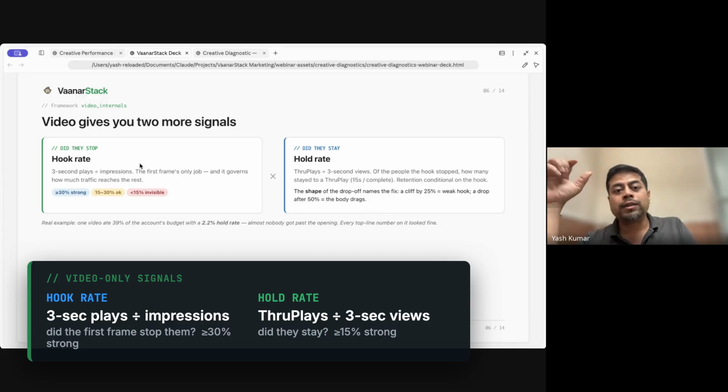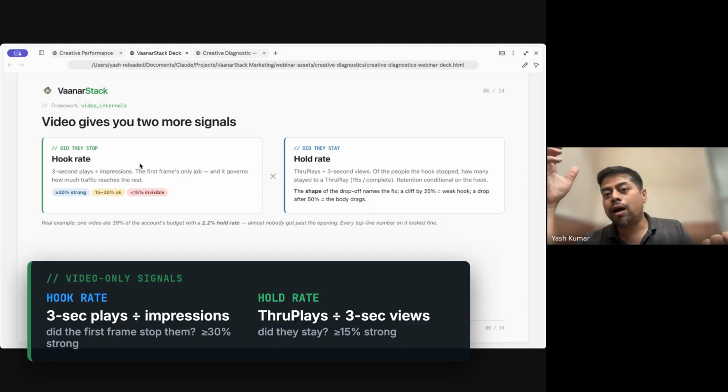Similarly, hold rate is, of the people who have completed 3 seconds, how many actually went ahead and completed 15 seconds, which is defined as a ThruPlay, or they completed the ad in case the ad is less than 15 seconds.